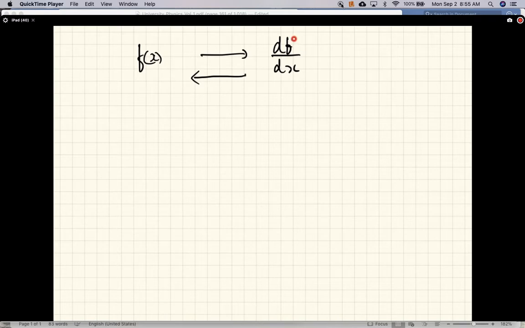So what we are saying is, if this is the function, the integral of this function is that. So derivative is going this way. Okay, let me clean this up. Derivative is to the right, and integral is to the left.